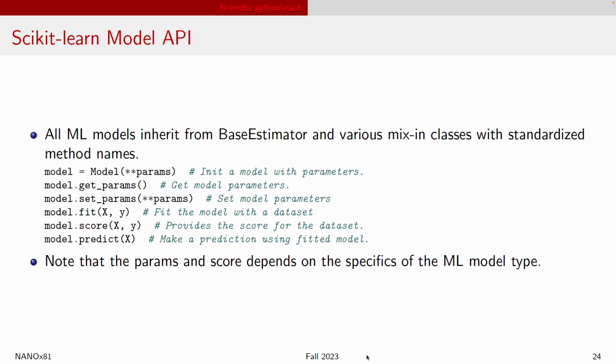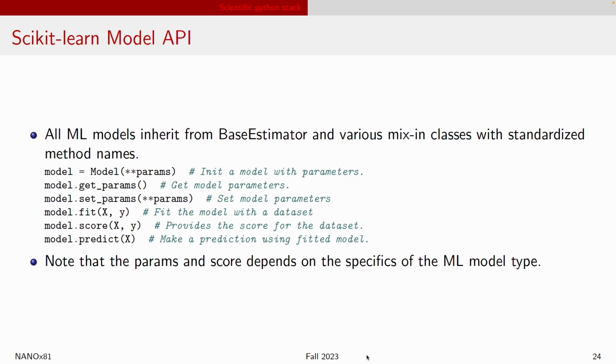Then there are also the functions called score and predict. Score just means you score how good the model is after it has been fitted, and predict, you give it new data or the same data, and you ask it to make a prediction of your target, okay?